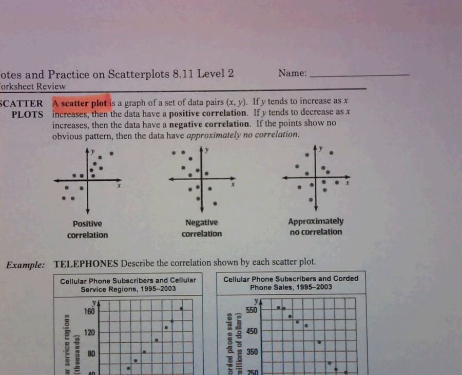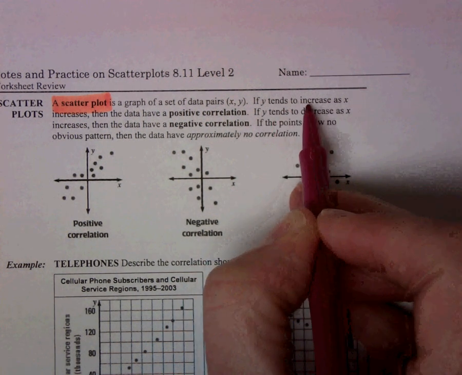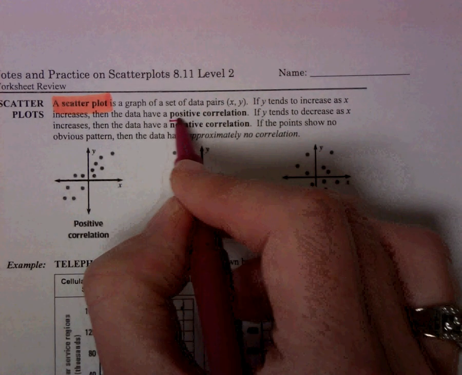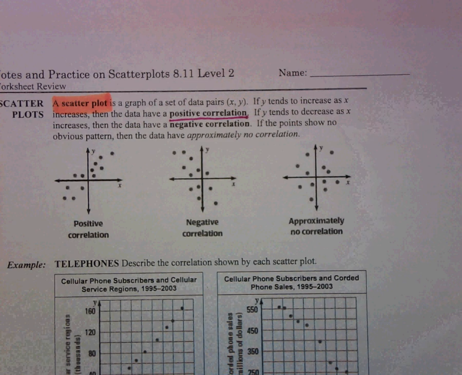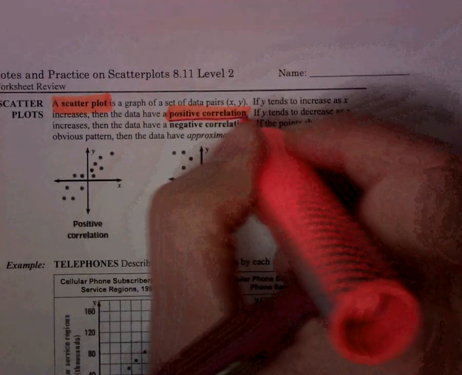And so we have several different types of relationships when we talk about scatter plots. It says if the y tends to increase as the x increases, then we have what's called a positive correlation. Correlation is also another word for association.